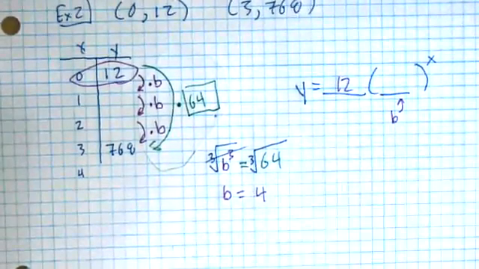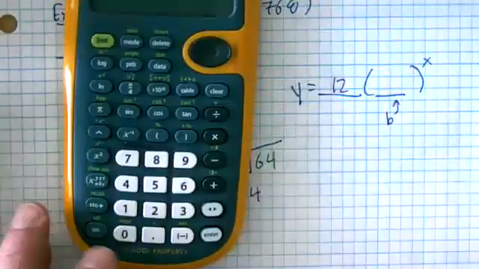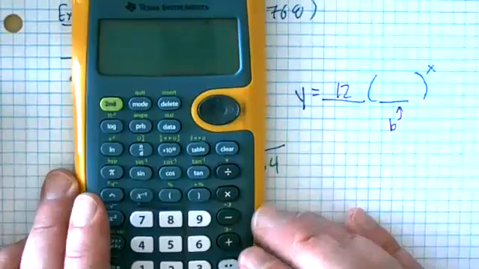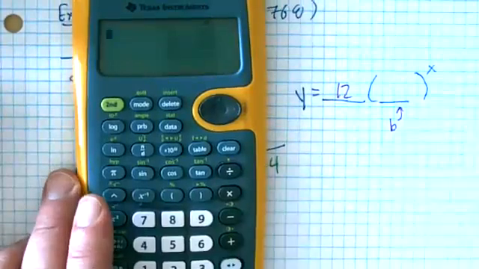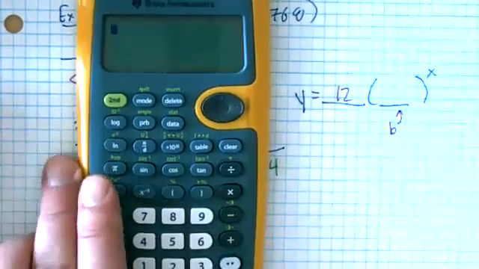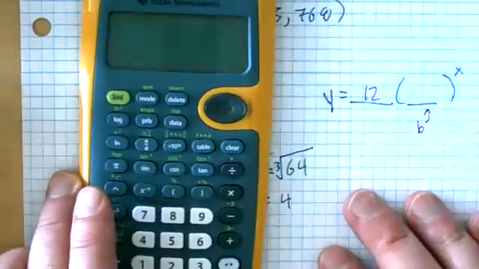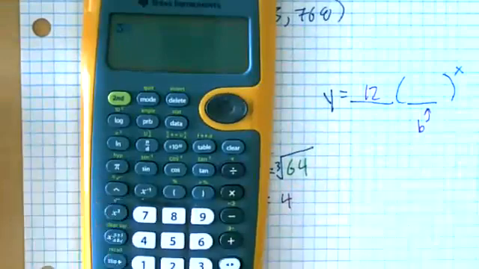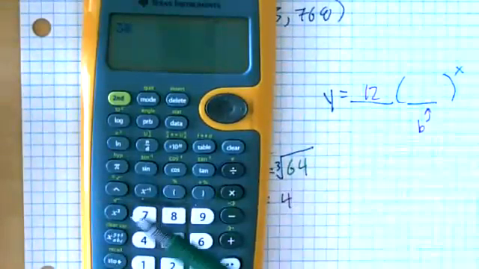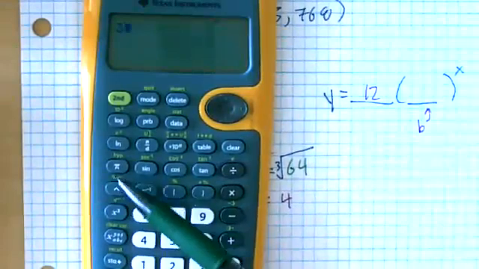I'm going to show you how to do it on the yellow ones. Sage, can I borrow yours? Thank you. On the yellow ones, if you're trying to do a third root, and it's the same on the pink ones, if anyone's rocking the pink ones, same with you guys too. Let me show you this. Look up here for a sec. If I want to do a third root, I need to type in the number 3 to start. Then I need to find myself a button that's got an X and a radical on it.